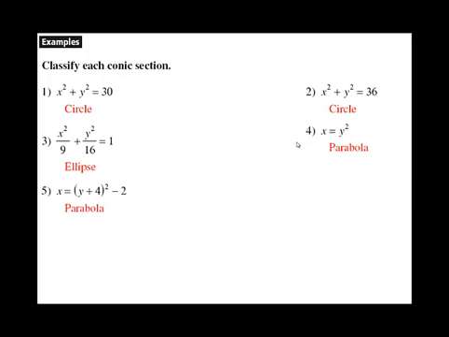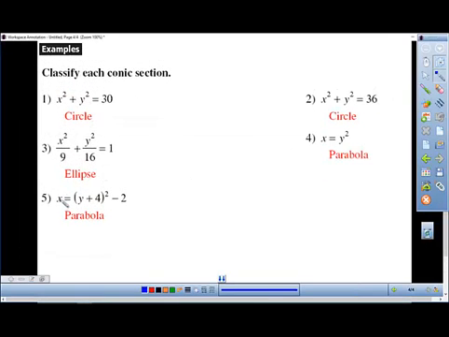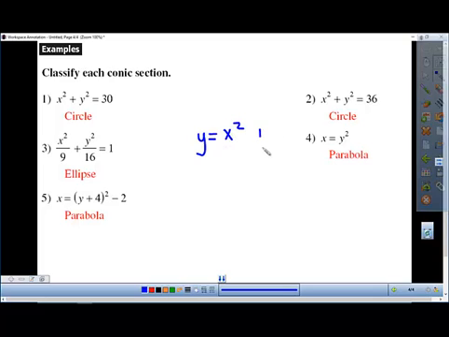I want to take a little side detour here and show you guys something. Normally, whenever we see parabolas, back in the day when we did quadratics, it was y equals x squared. So the x is squared. Whenever the x is squared, we have a parabola that's opening up like this. Now, if we had y equals negative x squared, we remember that if the squared term was negative, then it would be flipped around like this. So when we have the x that's not the squared term, check this out.